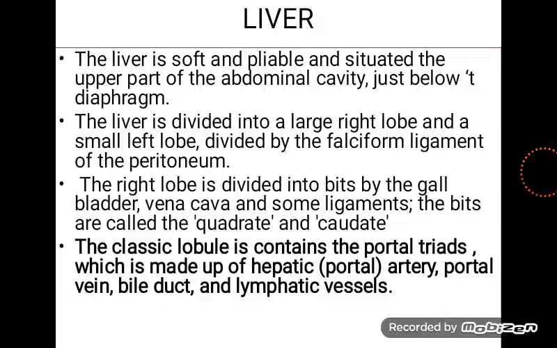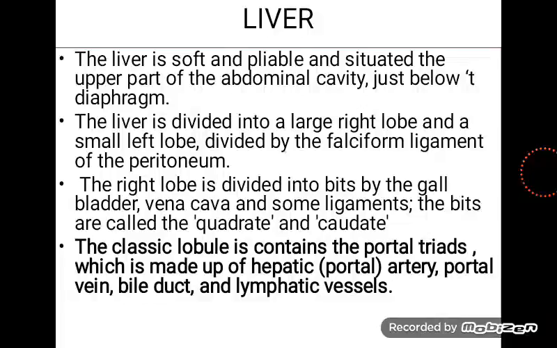Now the liver is divided into two large lobes, the right and the left lobe. The right lobe is larger, and it is divided by the falciform ligament of the peritoneum. You will see that shortly.